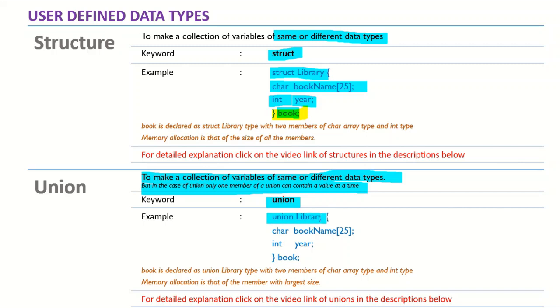A union library is made with two members, a character array and an integer value, and book is declared as union library type with these two members. For detailed explanation of unions and structures, you can click on the corresponding video links below.